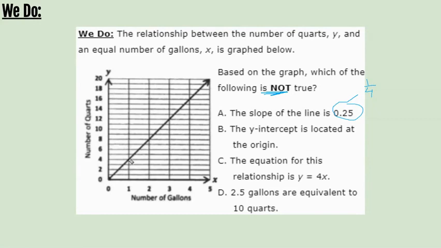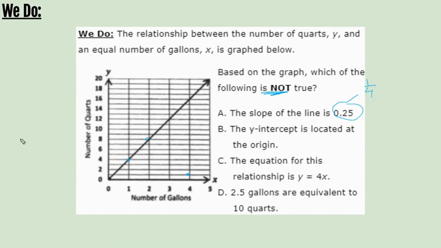So I'm going to check that. Well, nope, that's not going to work. Because if it's going to be 1/4, that means I need to rise 1 and run 4. So that's what that will look like. I rise once and I run 4 times, and my line would be here.